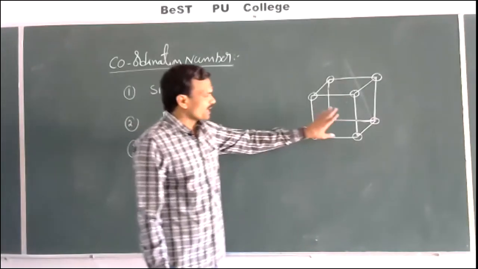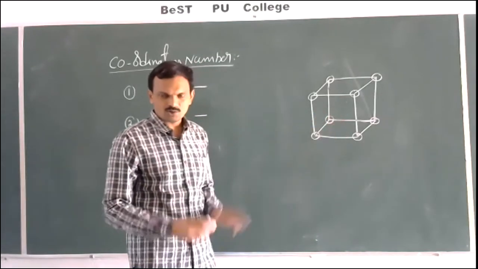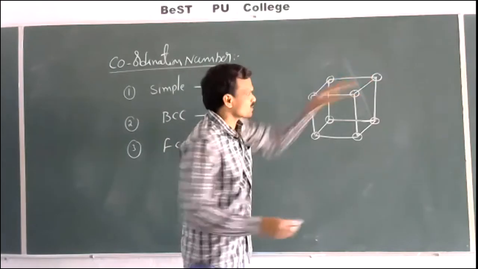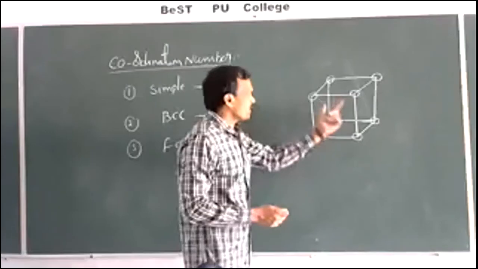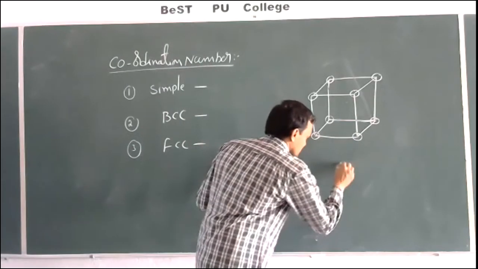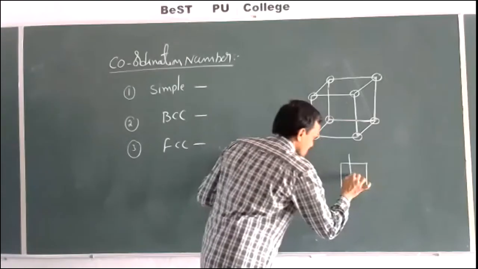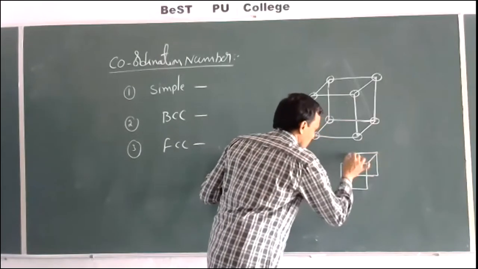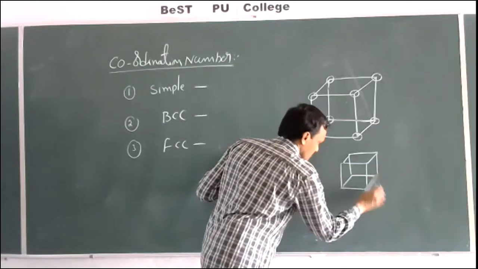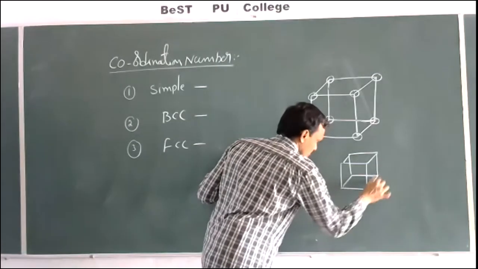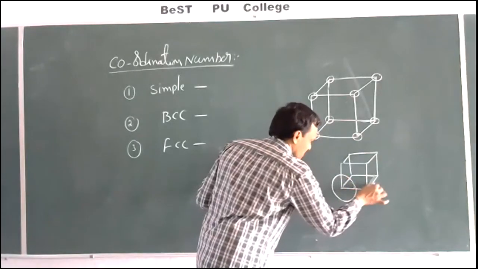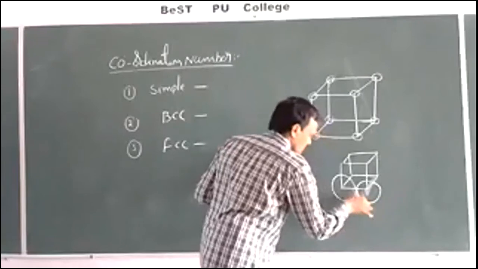Actually, here the particles are not present like this. There is no gap between the particles. For simplicity, we left some gap between the particles to indicate them very clearly. Actually, if this is the edge length of the cube, the particles occupy it like this: this is one particle, this is one more particle.